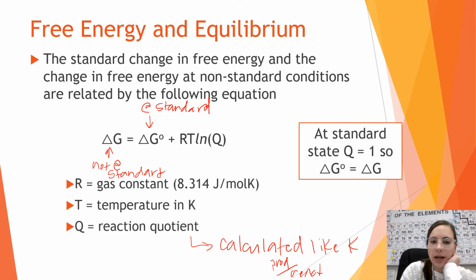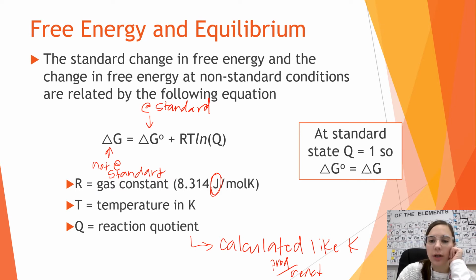Now something I want to point out, this is an R value we don't use as often: 8.314 joules. Now we're dealing with heat and energy here, so we need the R value that's in joules. So be careful when pulling it off of your reference table that you use the correct R value.